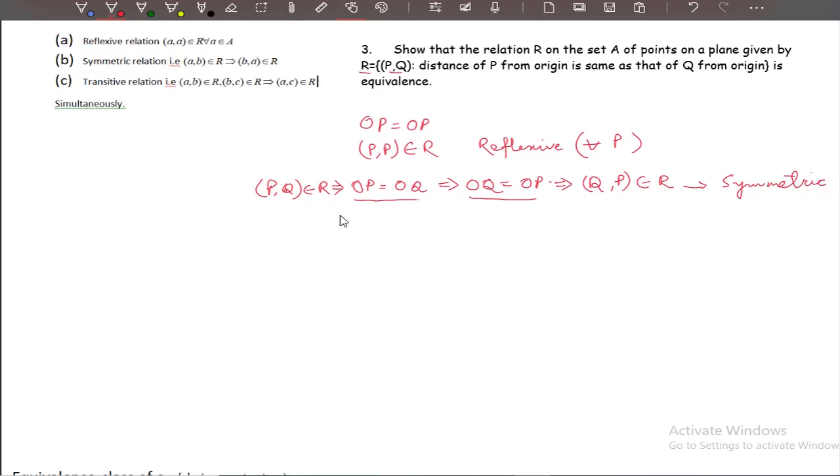Now if OP equals OQ, that means P and Q are related, and Q and P are related.